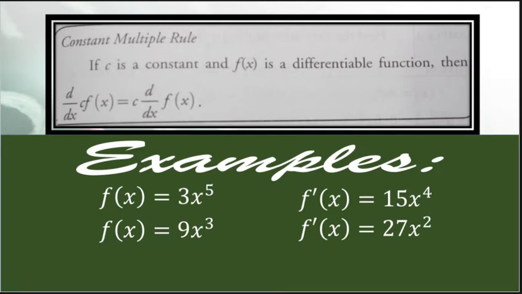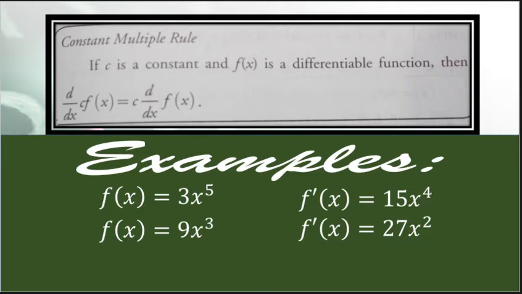It says here that if c is a constant and f of x is a differentiable function, then the derivative of c times f of x is equal to c times the derivative of the function f of x.